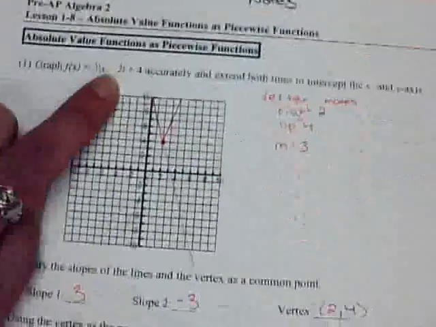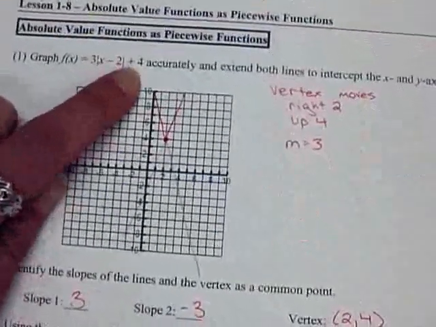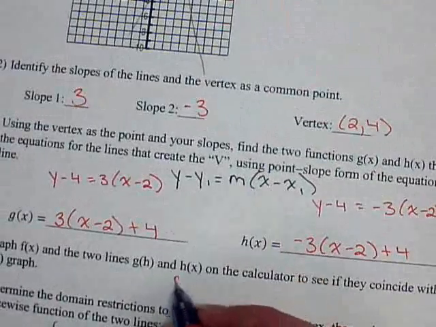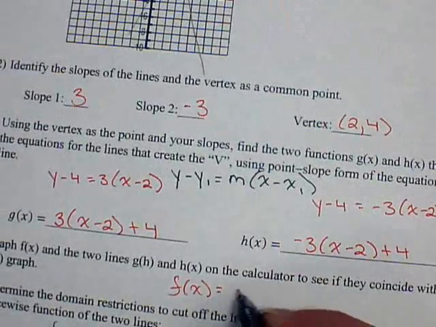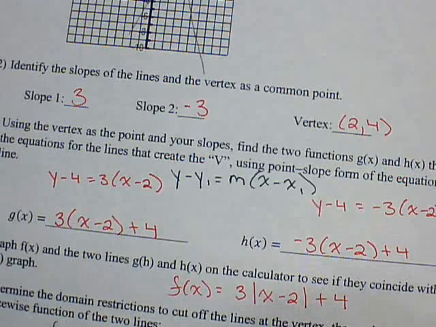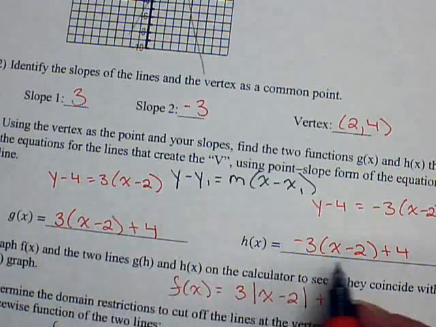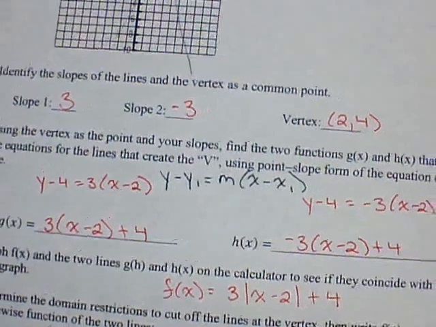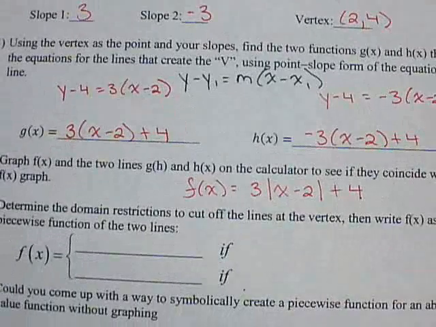3 times the absolute value of x minus 2, plus 4. So the original function, f of x, was 3 times the absolute value of x minus 2, plus 4. It's like taking the positive and negative versions of the absolute value. Oh my goodness, just like when we were solving them.